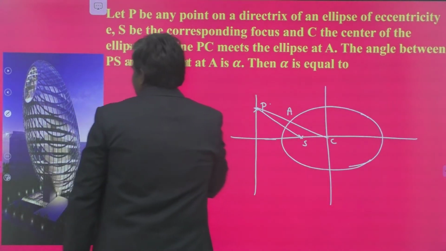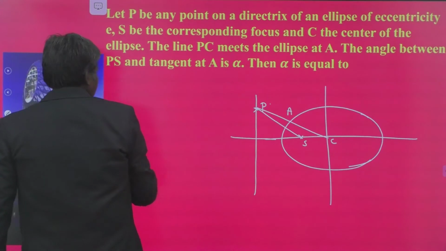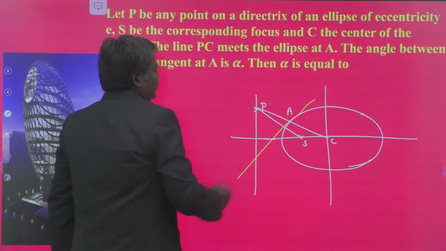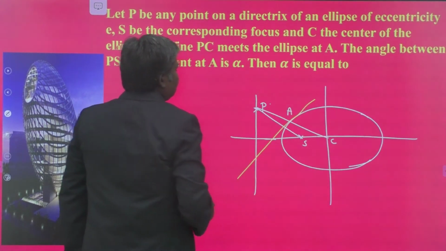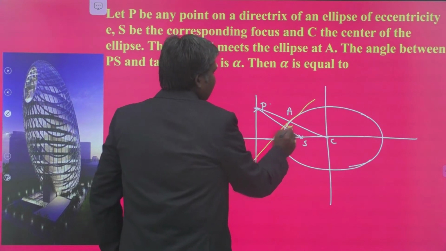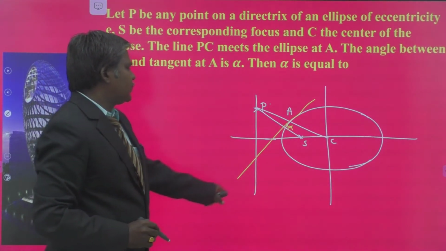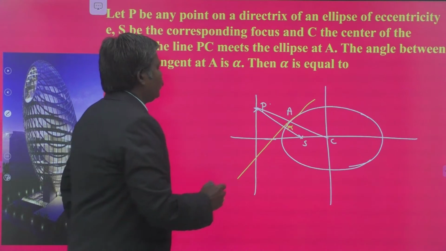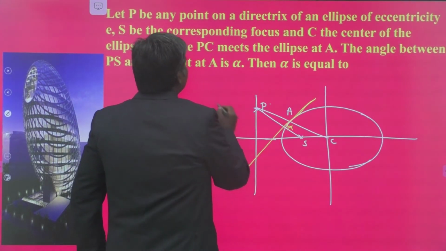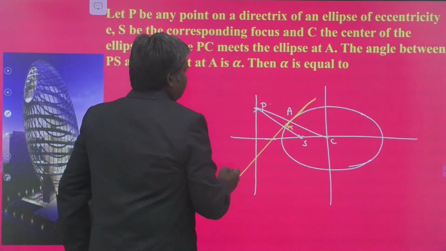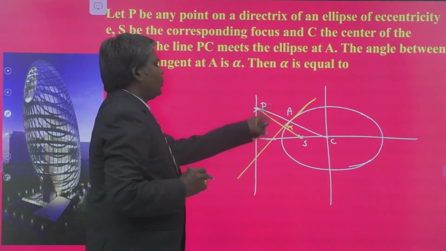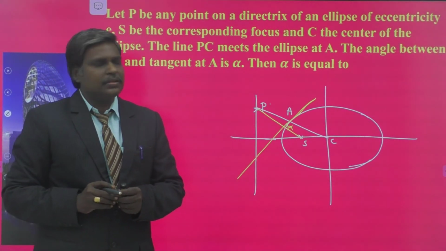This is the tangent at A, and this is the line PS. We have to find the angle between these two lines.